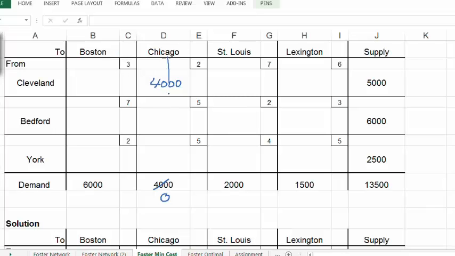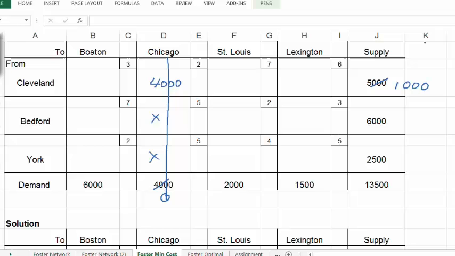So I'm going to cross out this column, or you could just put X's here, or highlight the entire column. It's something to indicate that you're done with this column, so you will not put more stuff in these cells. Cleveland has 5,000 and is now sending out 4,000, so the remaining supply is 1,000. So that's the first step.